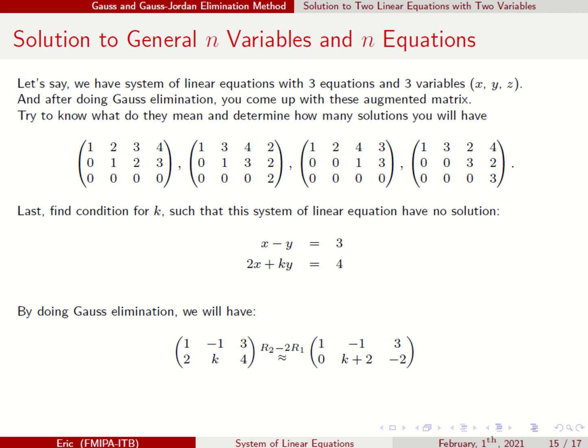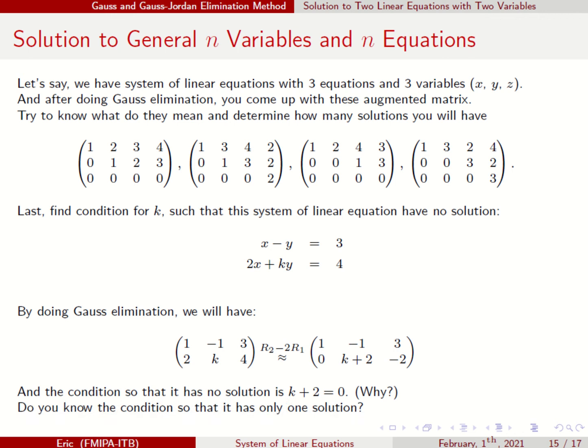So if you want the system to have no solution, you have to set this into 0. So you have 0x plus 0y equals minus 2, and that's impossible. So k plus 2 should be equal to 0 and k should be minus 2. When k equals minus 2, you have no solution.